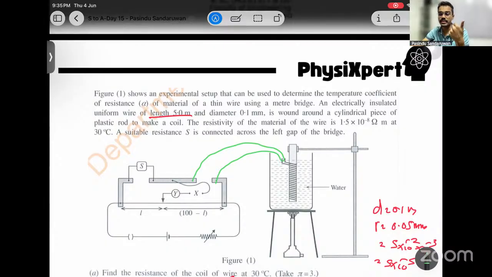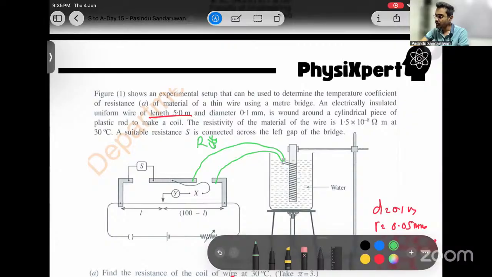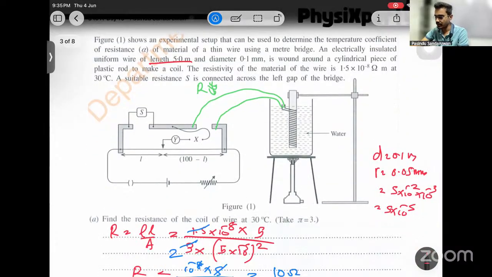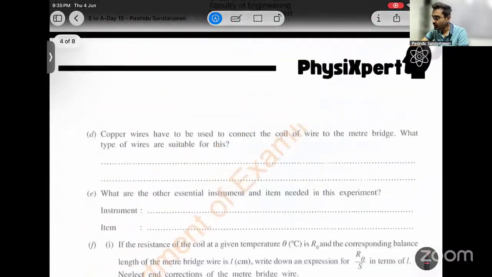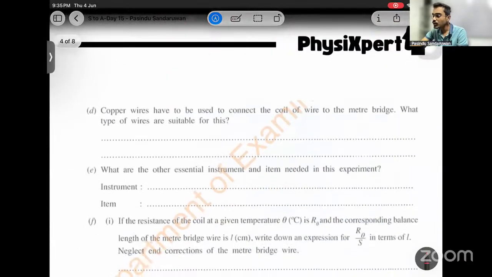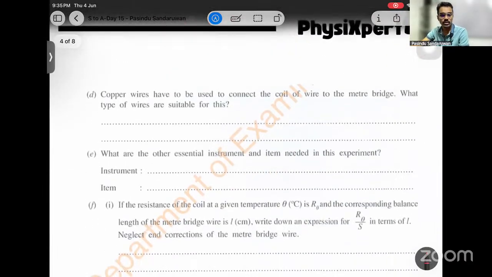If the resistance of these connecting wires is high compared to the wire we are going to measure, then a different resistance is measured. Then these connecting wires should be very low in resistance. To minimize resistance, we know what to do, right?